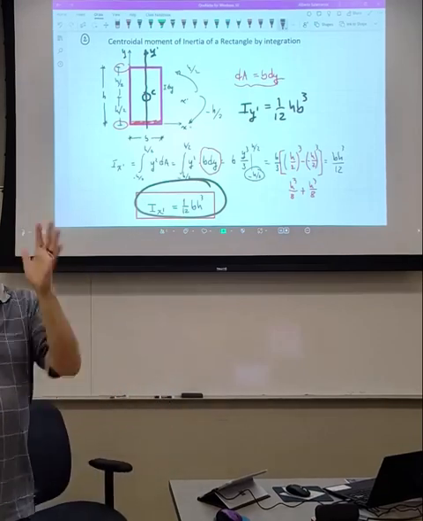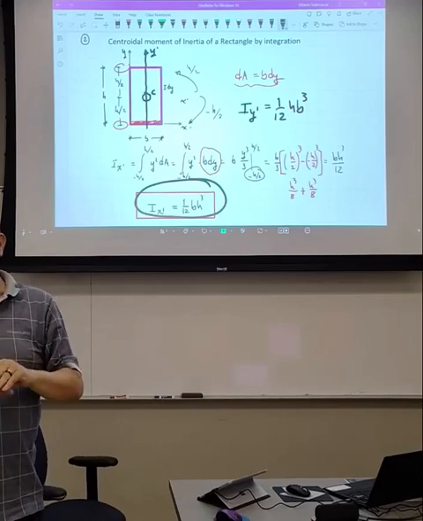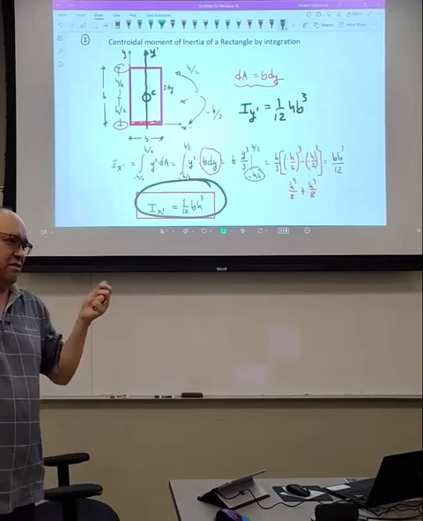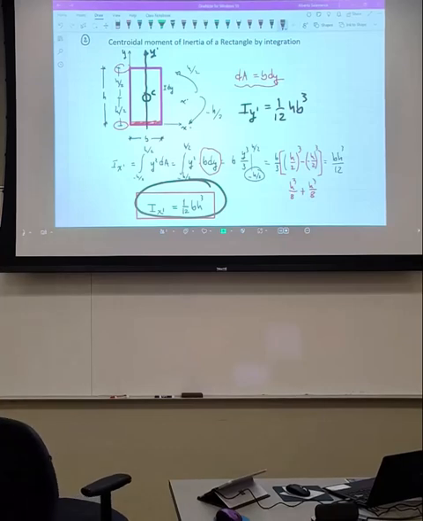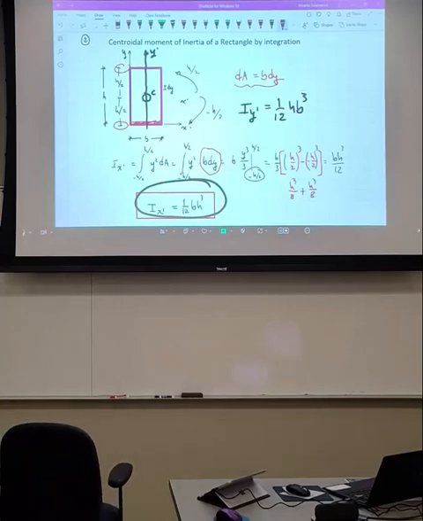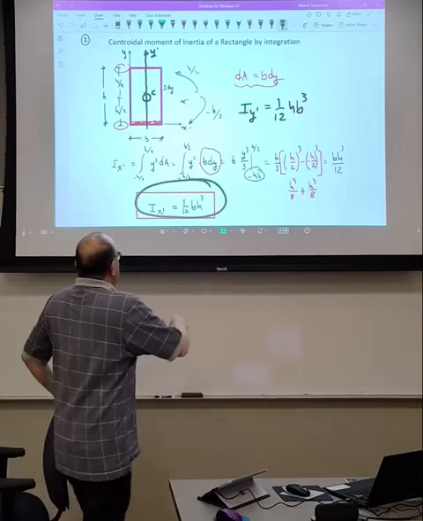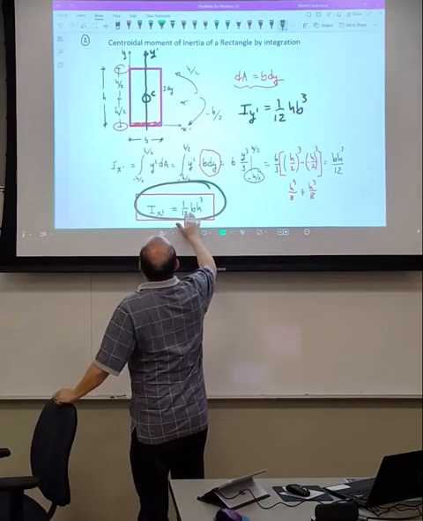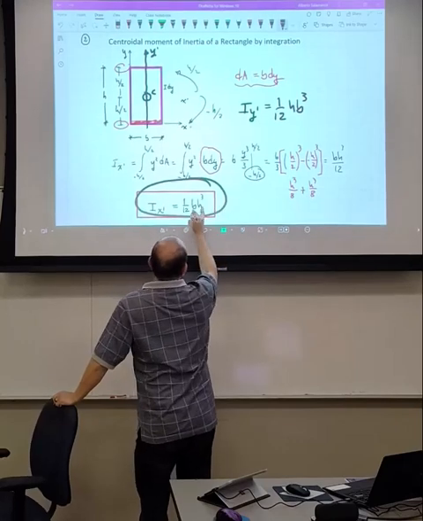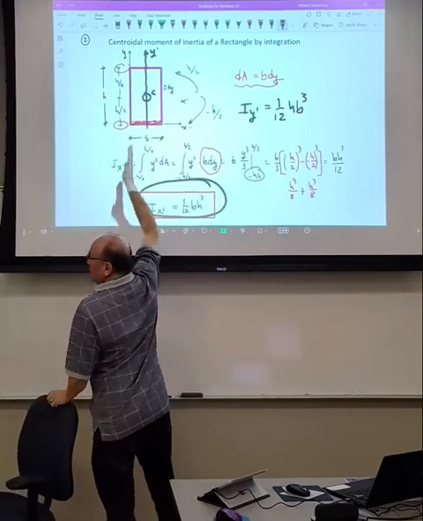We don't have to do the whole procedure by rotating. It will be exactly the same. So keep that in mind. This is a general formula, and if you swap this, then you are using this one.